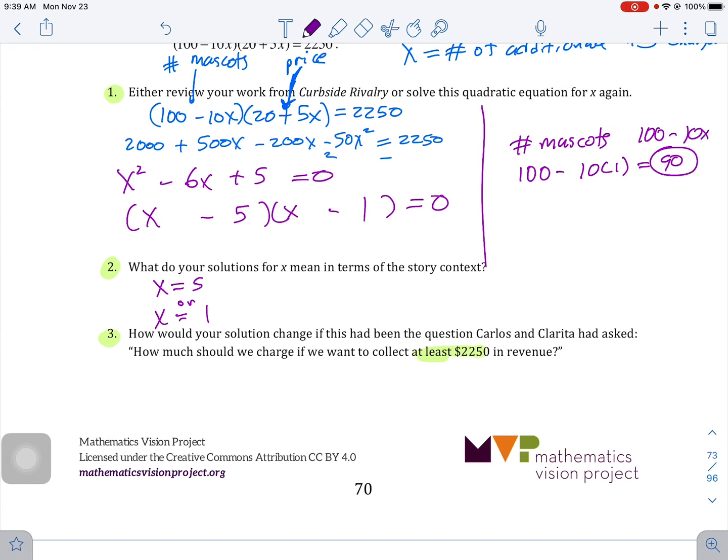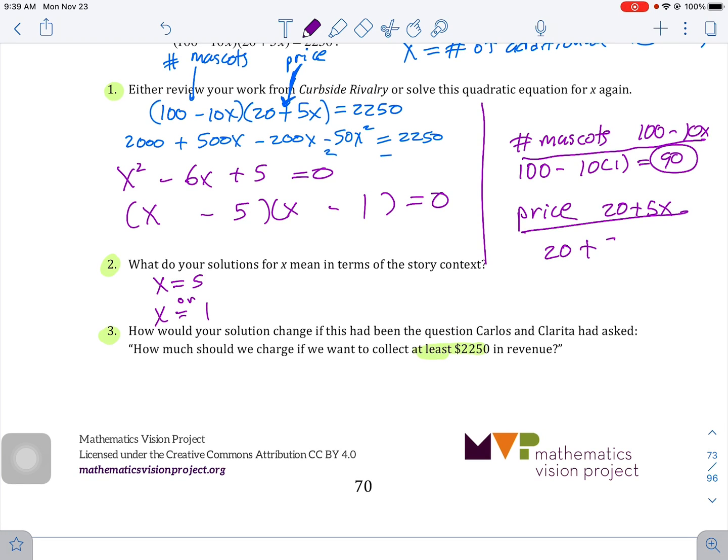We can also figure out the price, and that is 20 plus 5x, x being the number of increments. And so for price, we've got 20 plus 5 times 1, which is equal to 25. So one possible solution is that we will sell 90 mascots at $25.